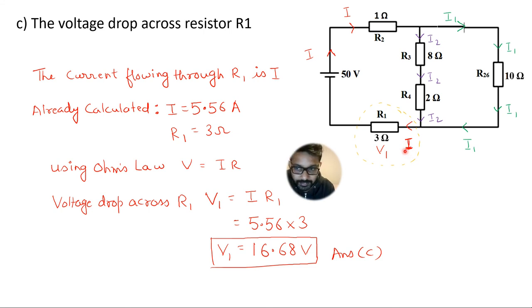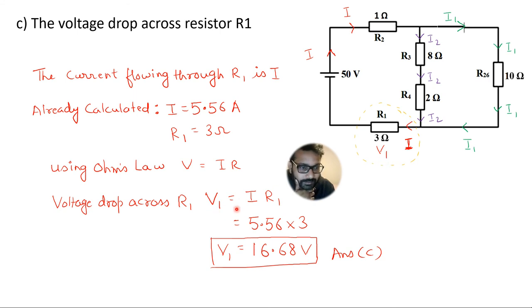We have already calculated the supply current in the last part itself. It came out to be 5.56 amperes, and the value of R1 is given as 3 ohms. So again, using Ohm's law, we can calculate the voltage drop across resistance R1. I am calling it V1.